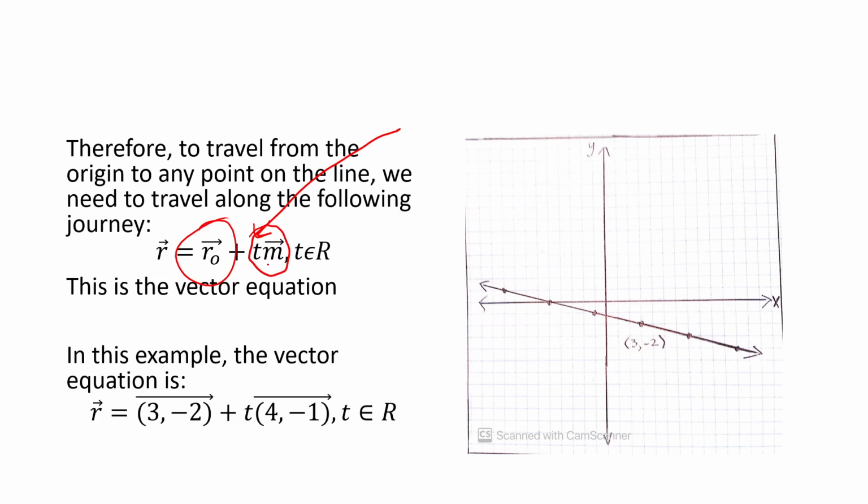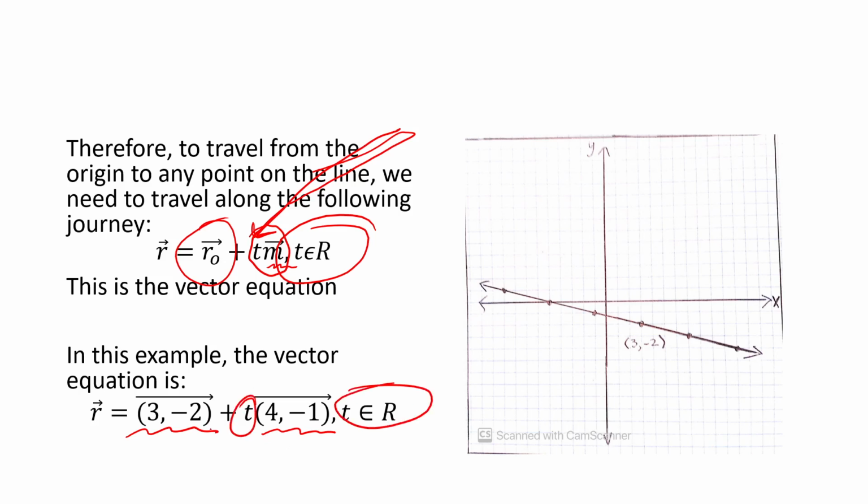So m is the direction vector, and we're going to add different multiples of it. So t can be any real number, like it says here, and we'll just add any real number multiplied by that direction vector. So, for example, in this question, our position vector 3, -2, then we added multiples of 4, -1, and basically we added any real number multiple.